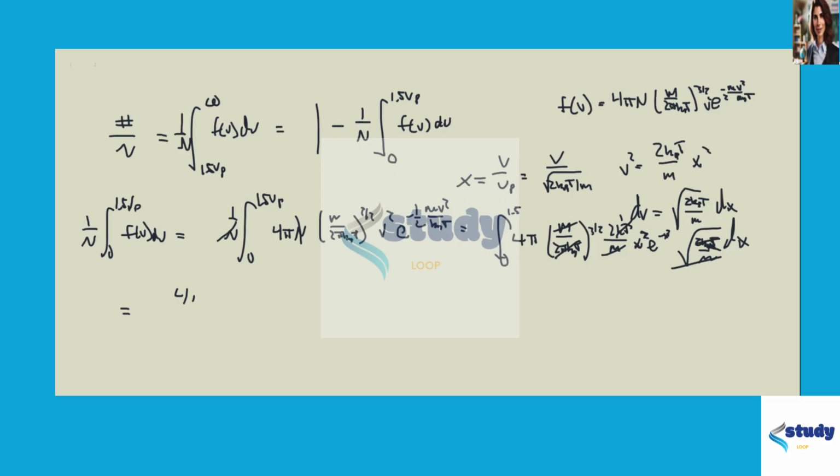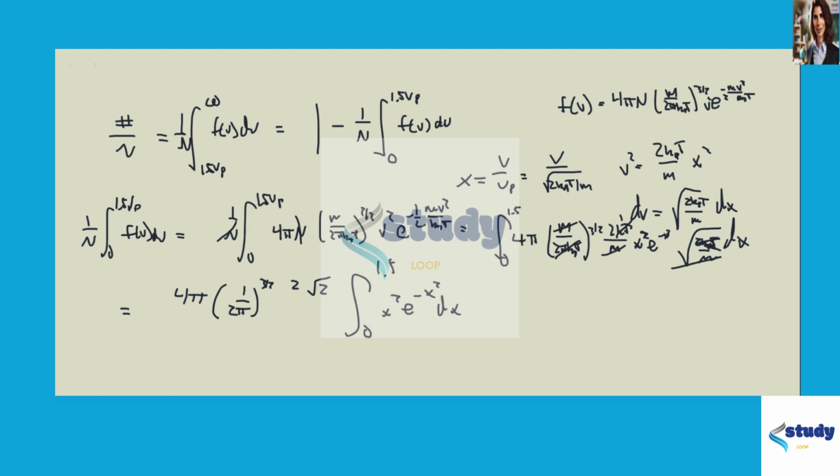Let's write the rest out: 4 pi times 1 over 2 pi to the 3 halves times 2 times the square root of 2, and what's left over is the integral of x squared e to the minus x squared dx.